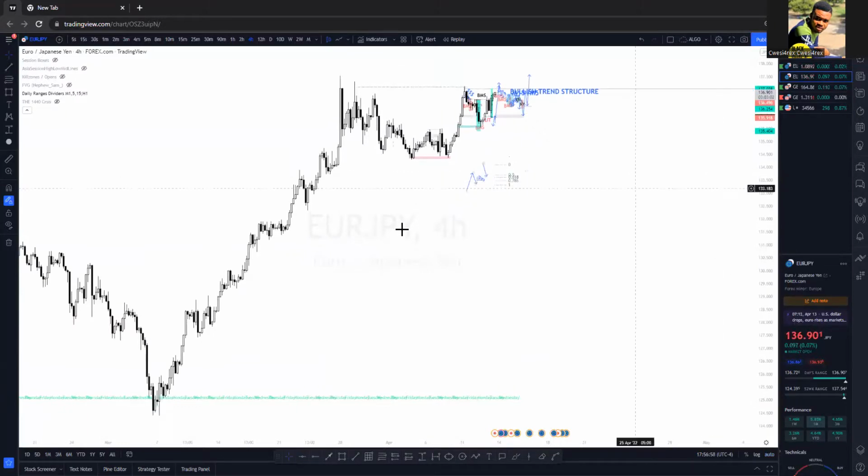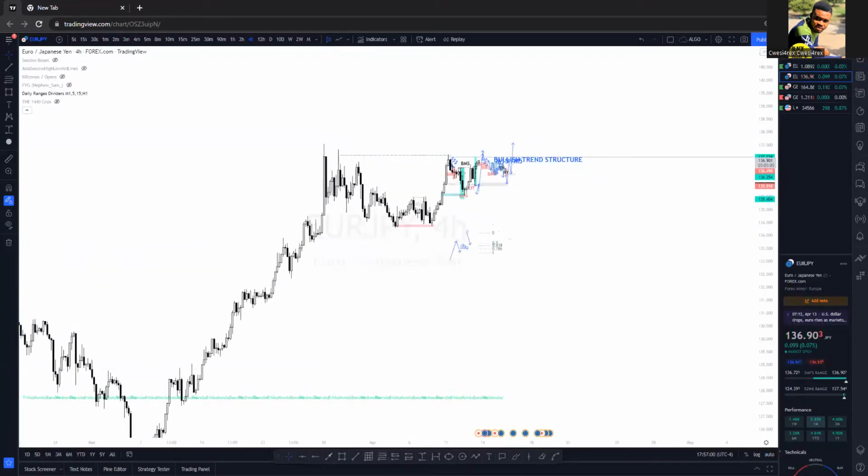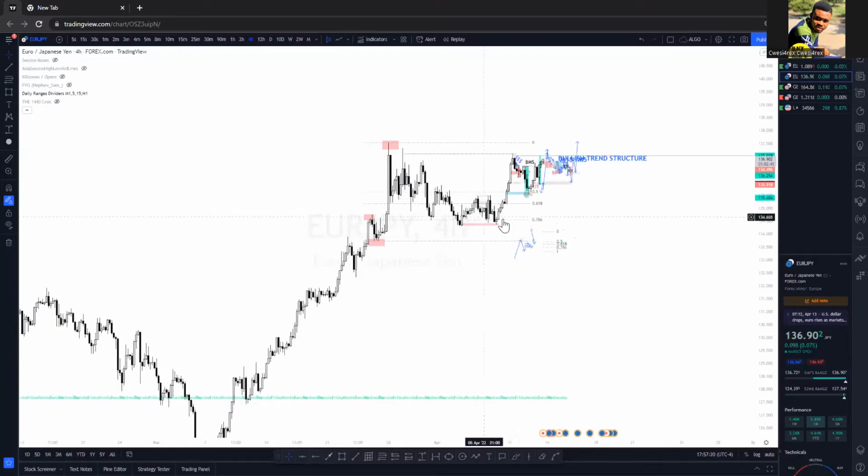So the same thing over here. If we use your Fibonacci from this low to this high, because this is our higher low, higher high, higher low. So before price will create a new higher high, price needs to do what?